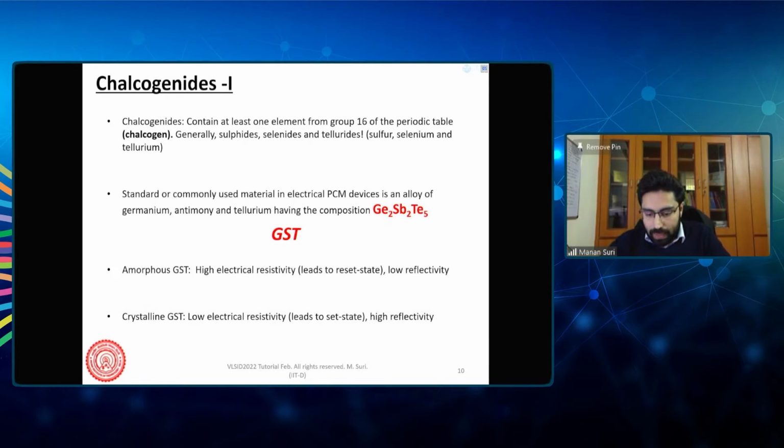And just to let you know that these phases are stable and they are non-volatile, meaning if you program the device in a specific state, it would stay in that state for a wide range of time and environmental conditions, and that is how it becomes non-volatile.